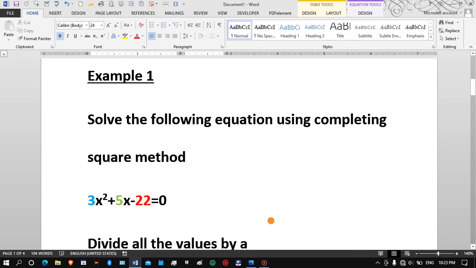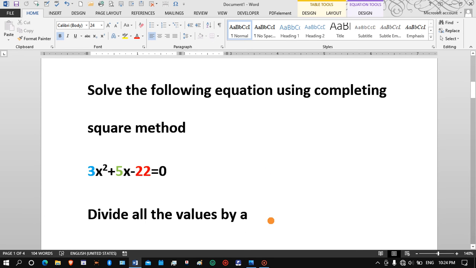If the coefficient of x squared is more than 1, you divide all these values by the coefficient of x squared, which is a.